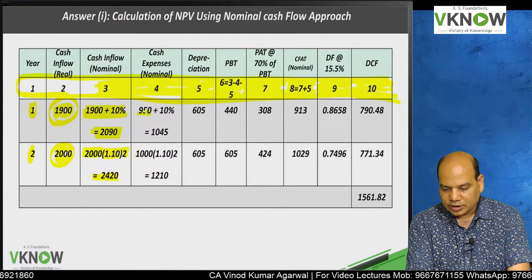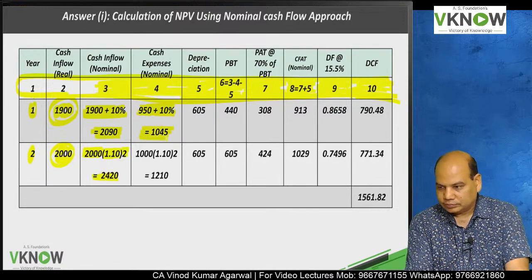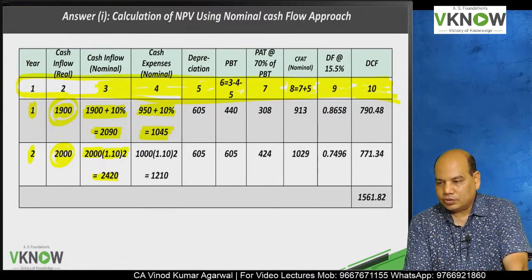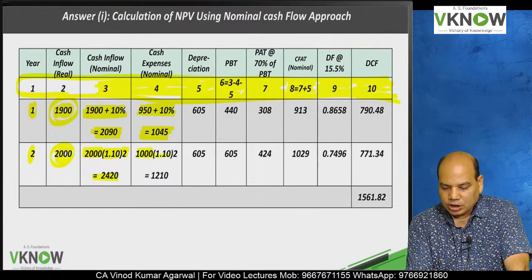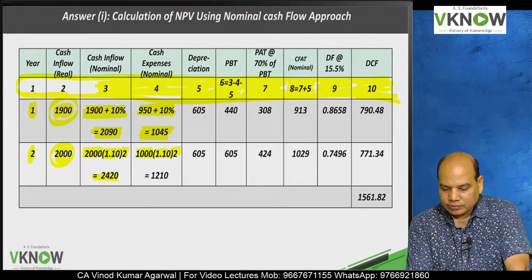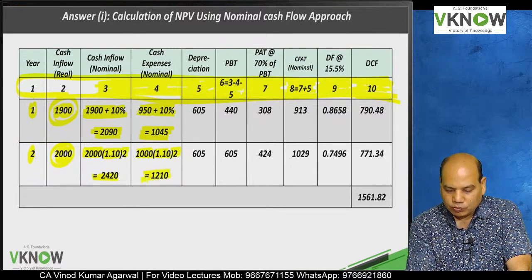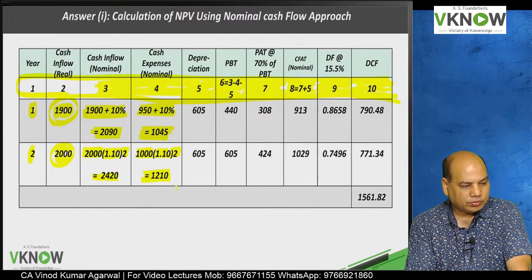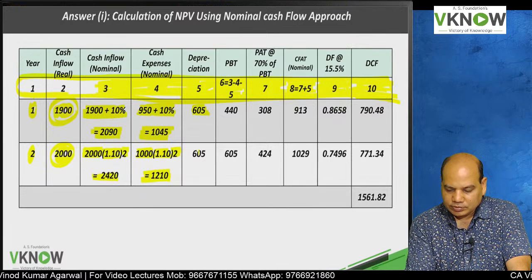Expense is given 950 in first year plus 10%, 1045. Second year expense is 1000 into 1.10 square, 1210. Depreciation will be same 605.